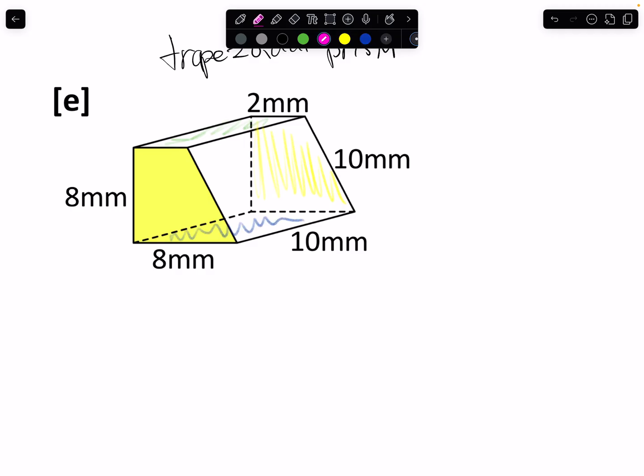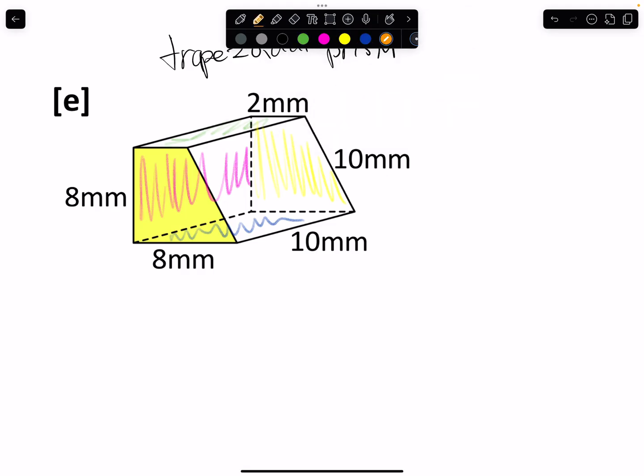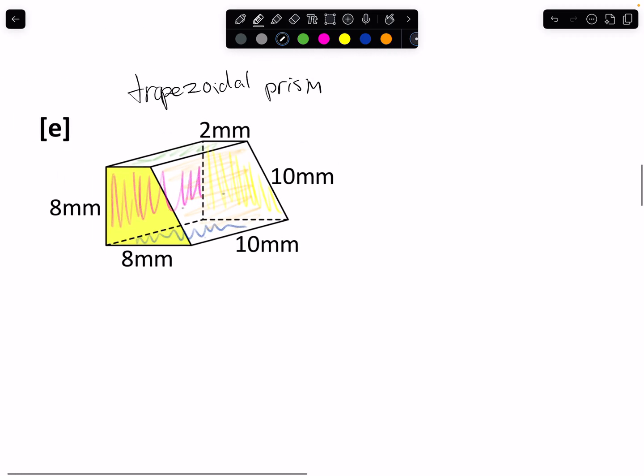And then the back or the side is different to this side. So when we count how many different types of faces we have, the front and back, which are the same, so we have one. Then we have another side, so we have two, three, four, five. So we have five different faces.